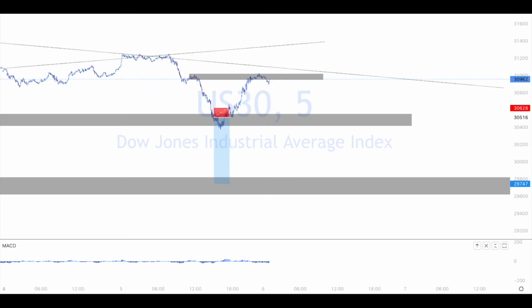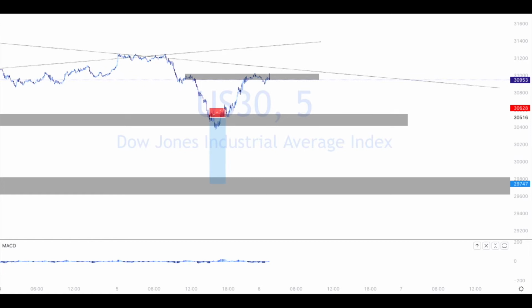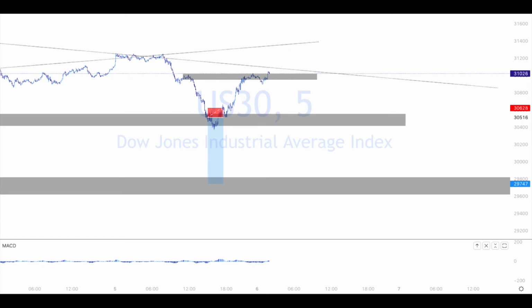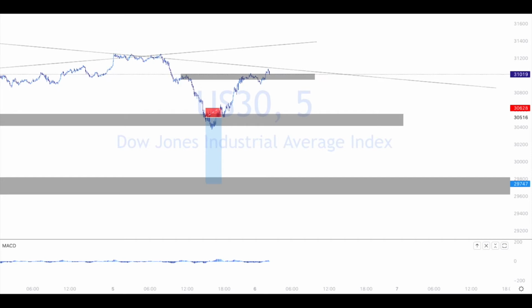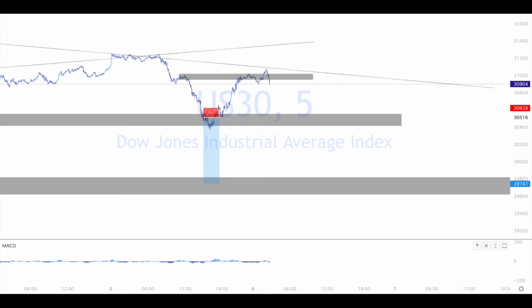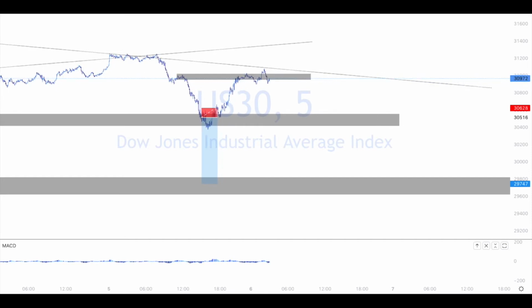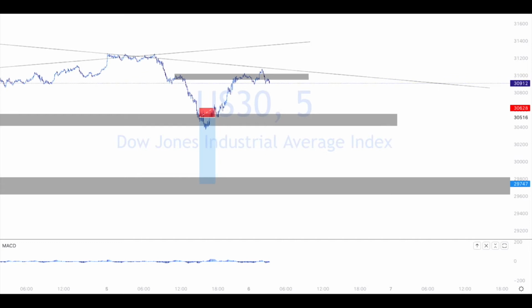Okay, so it hasn't broken above, it's pulling back down. Let's analyze it. It's still pushing up. Okay, is this a lower low or is this the same level?